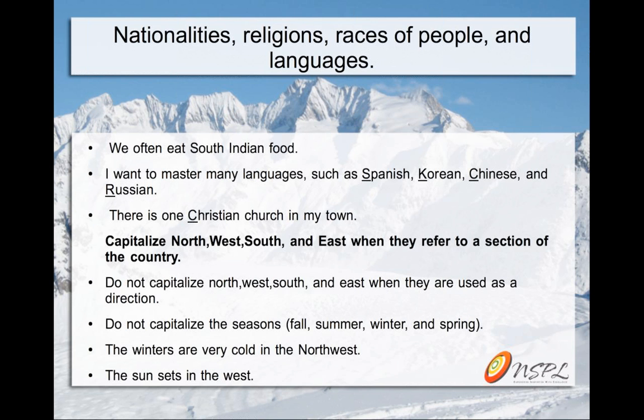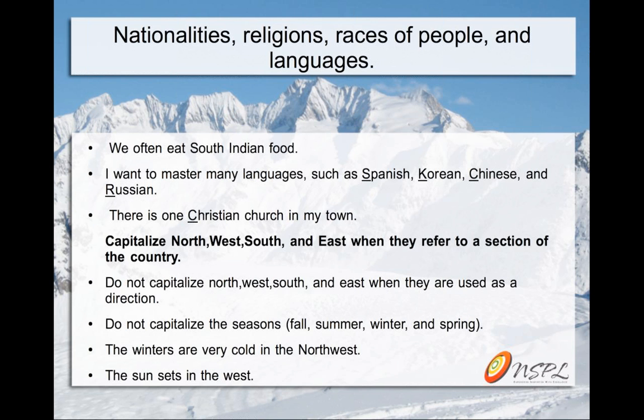Another example: Northwest is a place, and the winter is very cold in the Northwest. The sun sets in the west, so west is small because it is used as a direction.